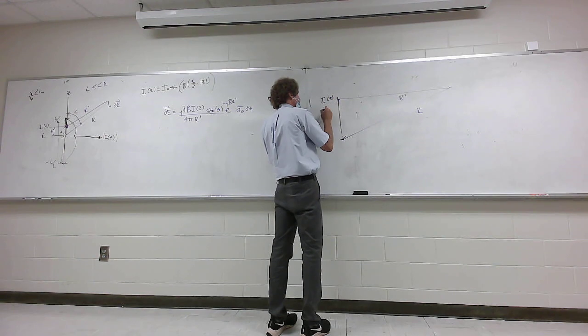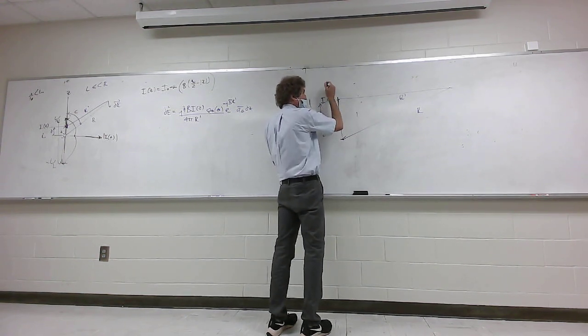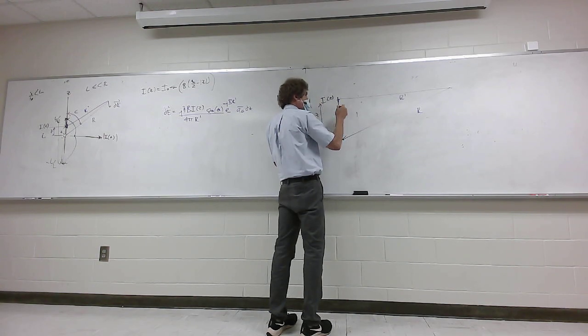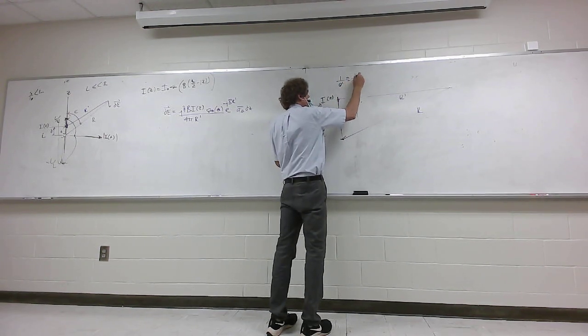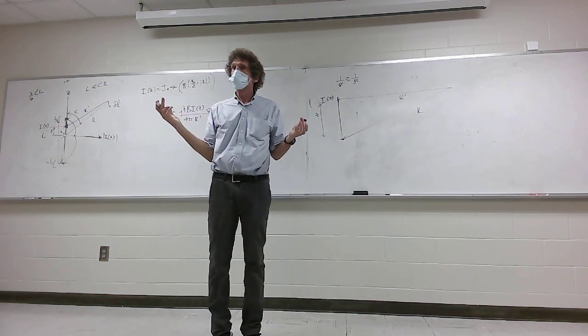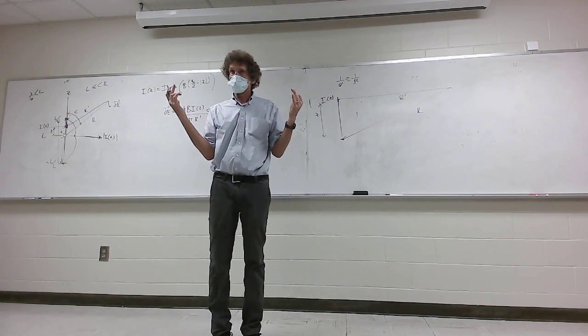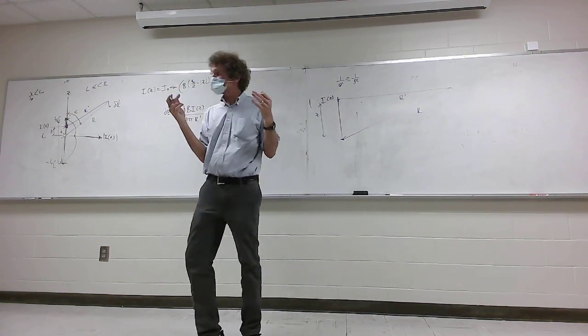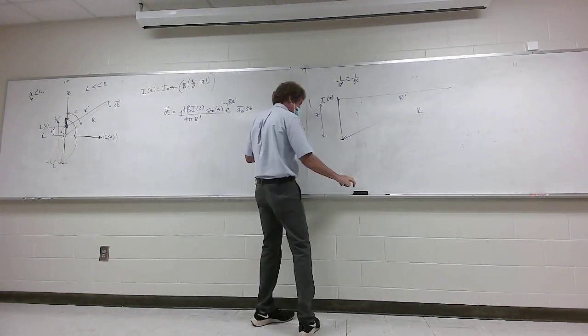This is at a height z. For these two, 1 over R prime is about equal to 1 over R. In other words, they're about the same magnitude. Think about 1 over a mile, and then 1 over a mile plus an inch. Does that make sense? They're about the same. So that means I can replace this one by R.